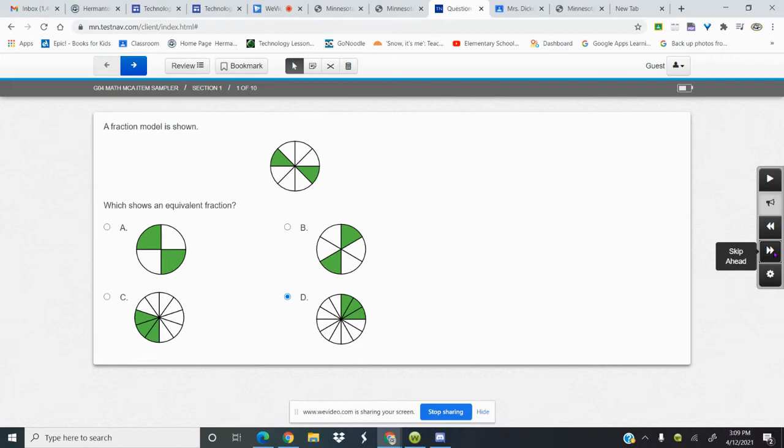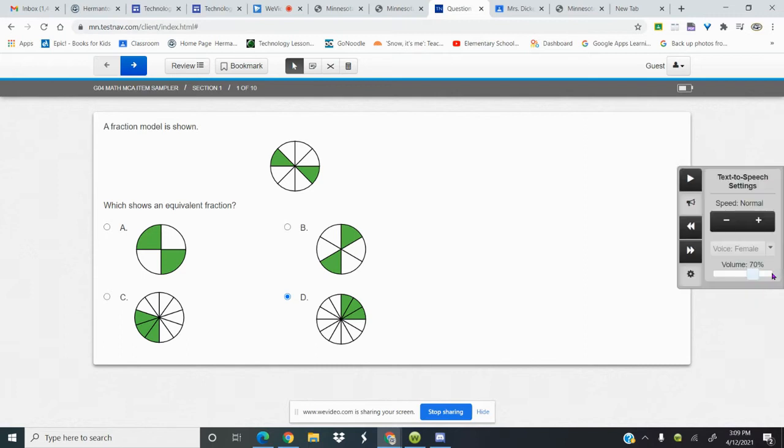I don't know why you would use these two tools, honestly, but I think these first two tools you'll be using a lot of. And then we have our text-to-speech settings here. And this basically, there's a few things you can do here. You can slow down the sentence. So if you want to hear the sentence read slower, you can go to the slow speed. If you want it normal, it's already toggled as normal as a default.